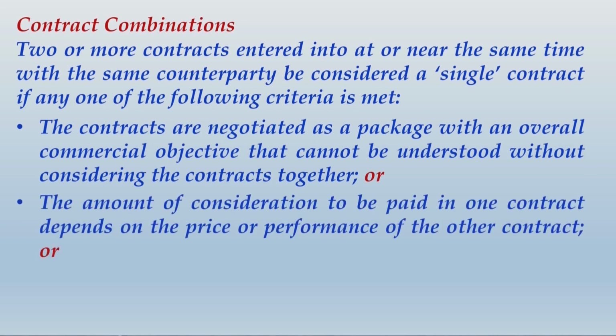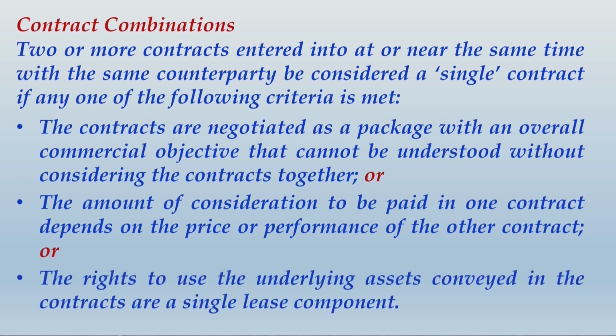Or second, the amount of consideration to be paid in one contract depends on the price or performance of the other contract. Or the third, the rights to use the underlying assets conveyed in the contracts are a single lease component. So friends, write this much quickly and then we shall move ahead.